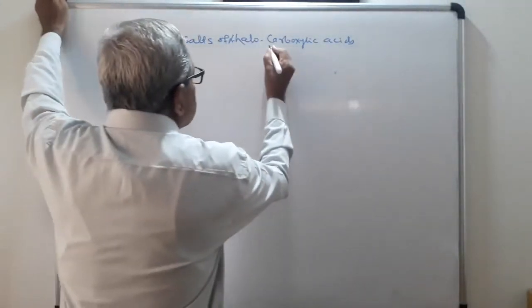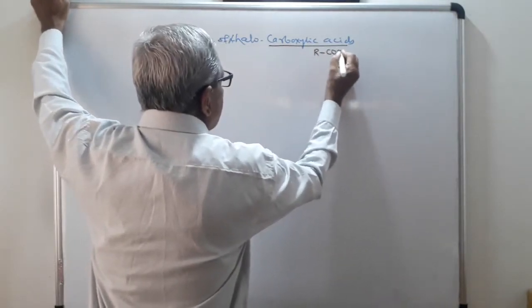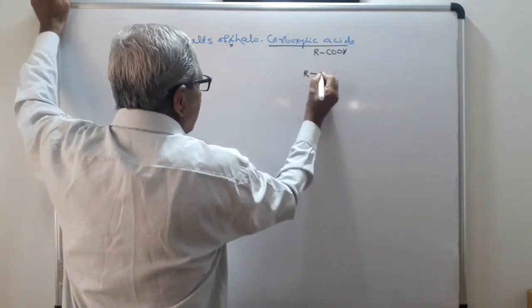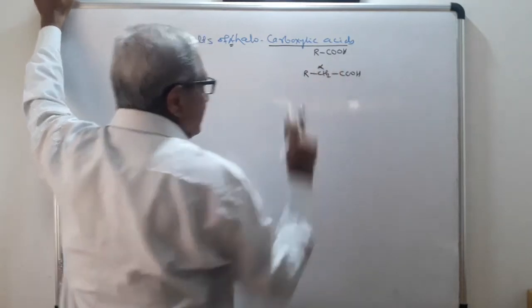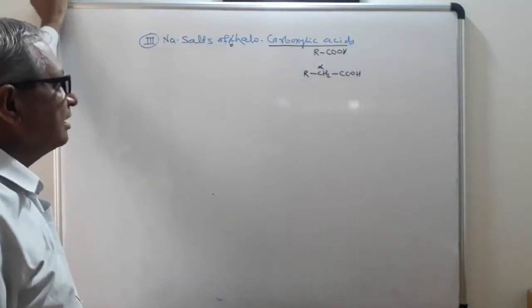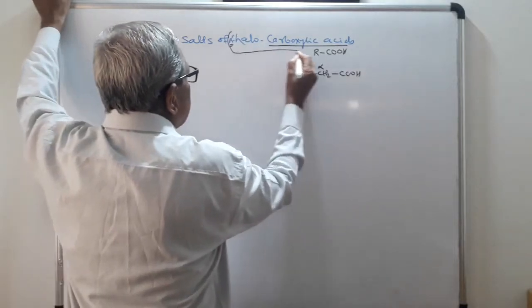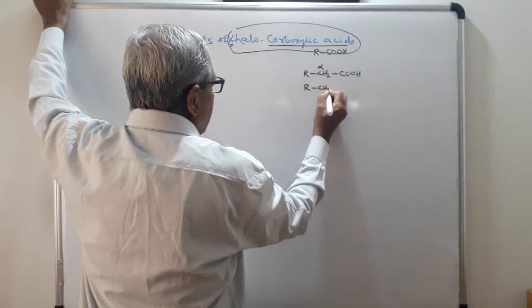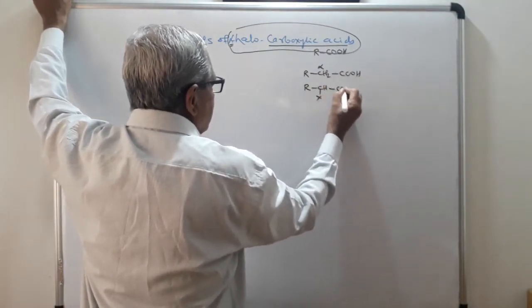So first I will explain here, carboxylic acid has the formula RCOOH, but here we want the alpha carbon atom, therefore I will indicate CH2COOH also. This is an alpha carbon containing carboxylic acid. Here we want alpha halocarboxylic acid, so alpha halocarboxylic acid will become RCHXCOOH.